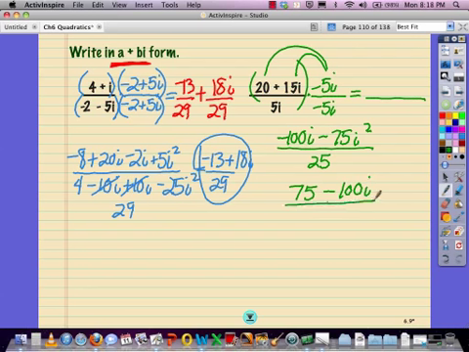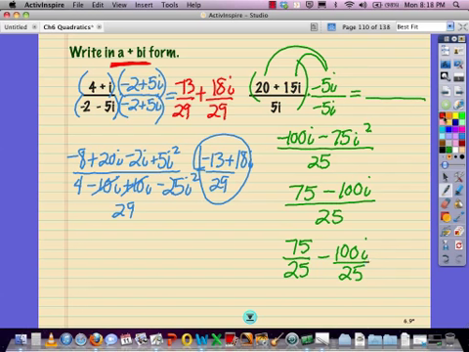Keeping it all over 25, that would be fine except for, again, a plus bi form. Now in this case, when you separate it, you have regular fractions, and those fractions can be reduced, unlike our last example where 13 over 29 did not reduce and 18 over 29 did not reduce. This one does.